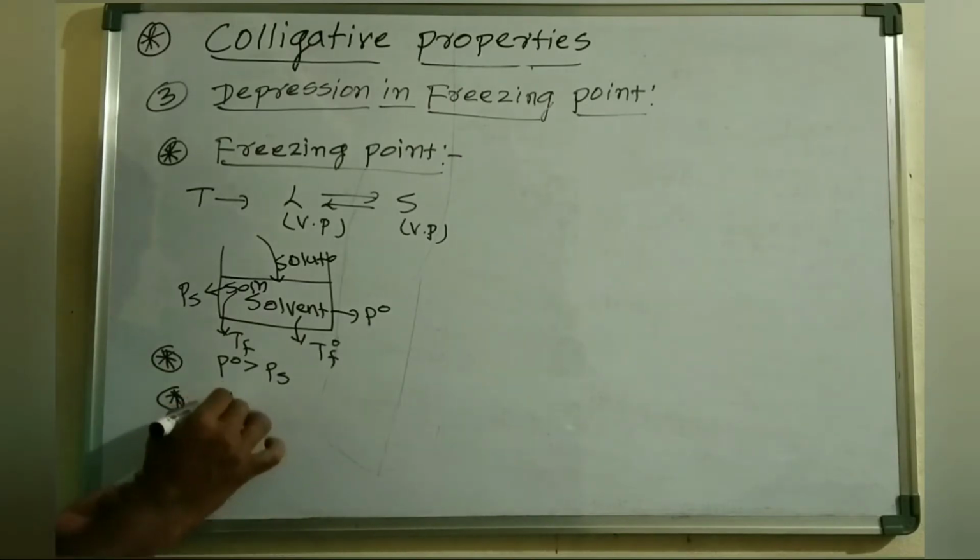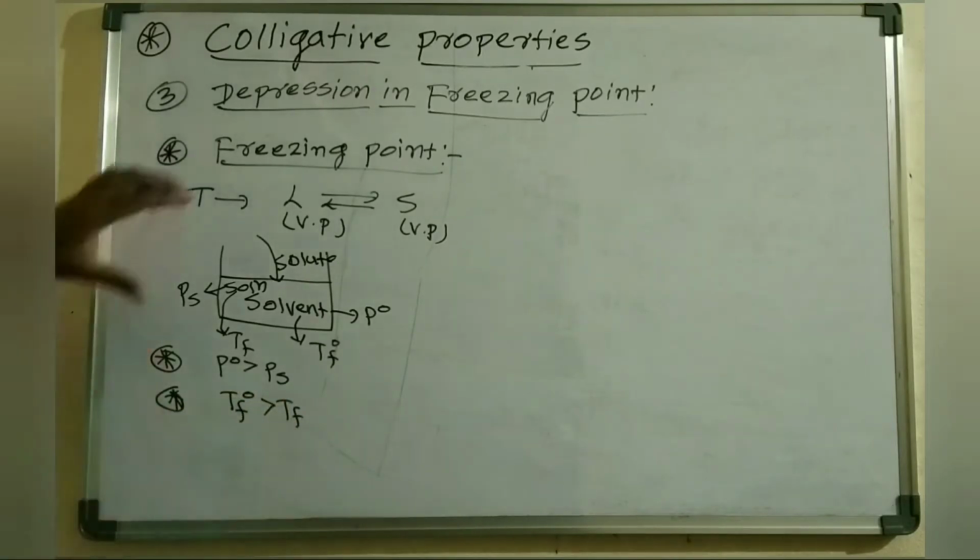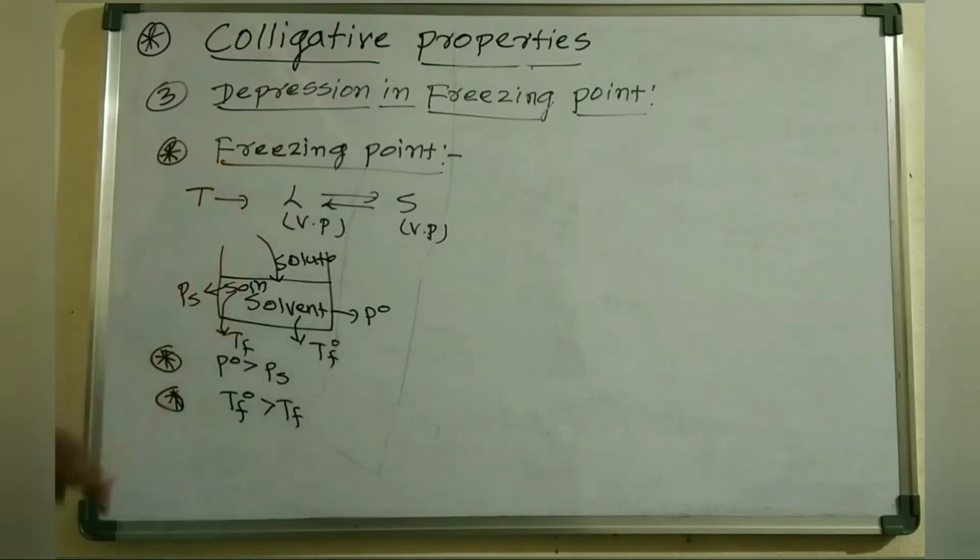That's why TF naught is always greater than TF. Since the solution has less vapor pressure, the temperature required is also less, so the freezing point decreases.